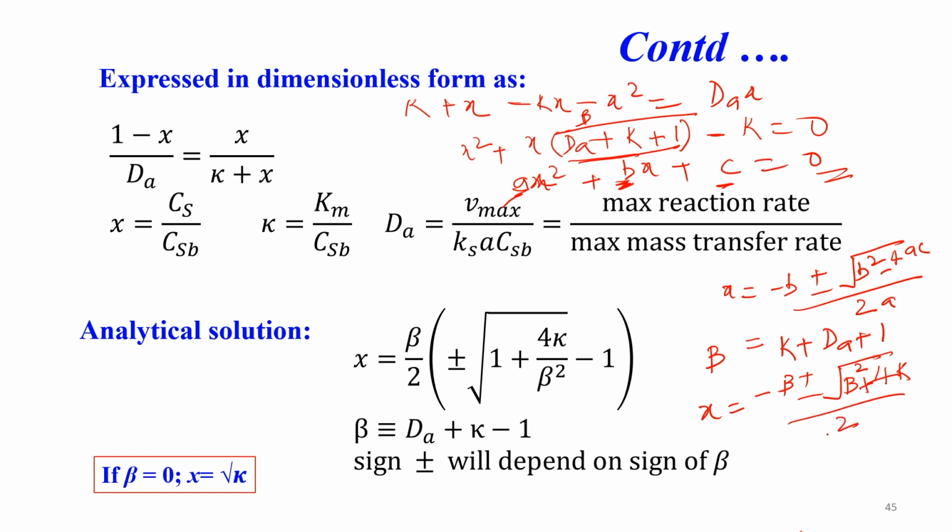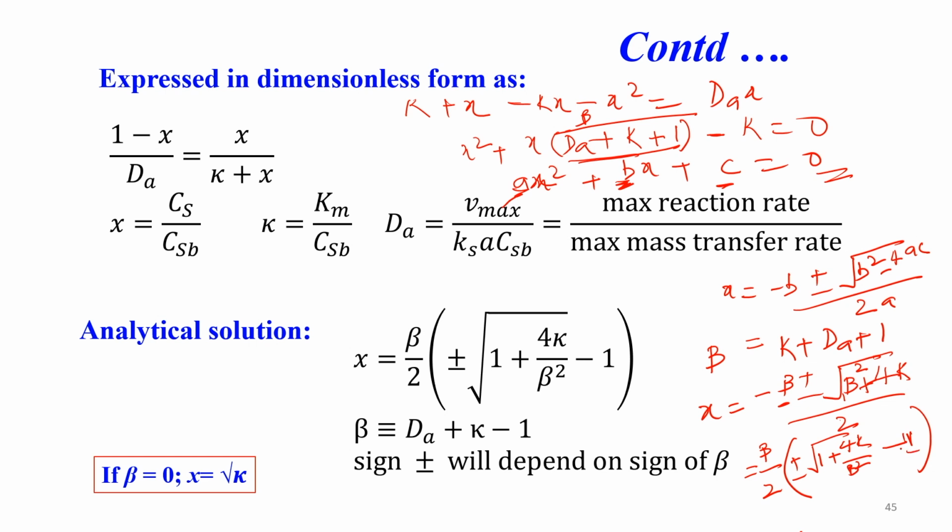So, what we can rearrange, we can take this beta upon 2 common from all. So, this will be beta upon 2. Let us take here, this is beta square. So, this will be the square root of beta square times (1 plus 4 kappa upon beta square), and if you divide this by beta, it will be minus 1.